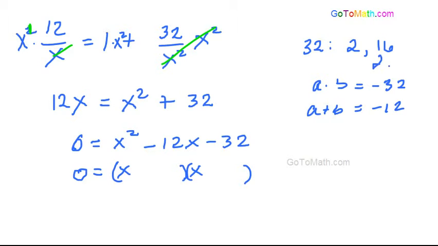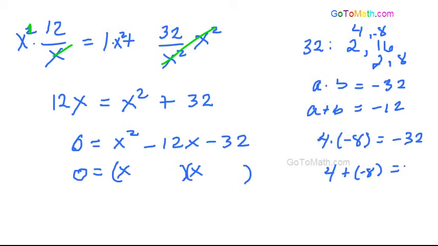Let's look at this. We know we can break this down some more. 4 and 8. I think that's what it is. 4 and 8, and that'll be a negative 8, because 4 times negative 8 gives us negative 32. If A is 4, B is negative 8.